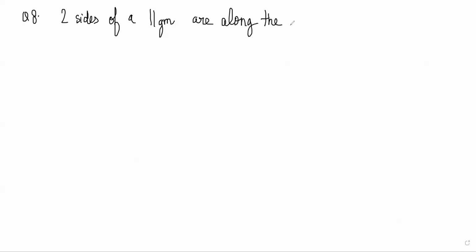Question 8. It says two sides of a parallelogram are along the lines x plus y equals 3 and x minus y plus 3 equals 0.